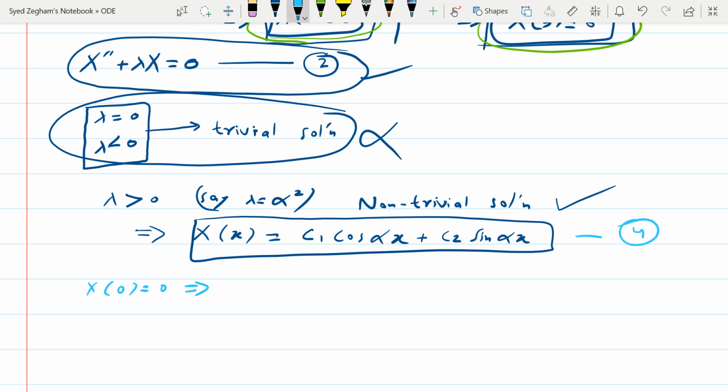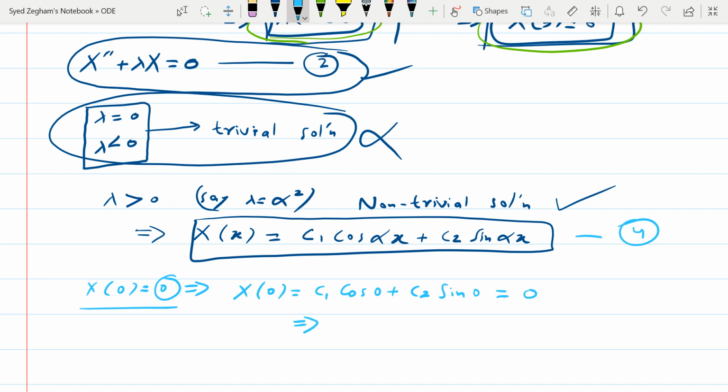Using this condition in equation number 4, what we get? If I put small x as 0, I will get C1 cosine 0 plus C2 sine 0, and this should be equal to 0, right?